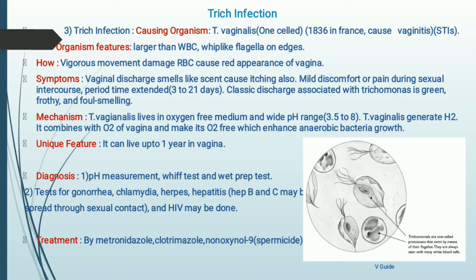The menstrual cycle, which normally takes 3 to 5 days, can extend to 3 to 21 days. The classic discharge associated with Trichomonas is green, frothy, and foul smelling. So this is all about the symptoms related to Trich infection.